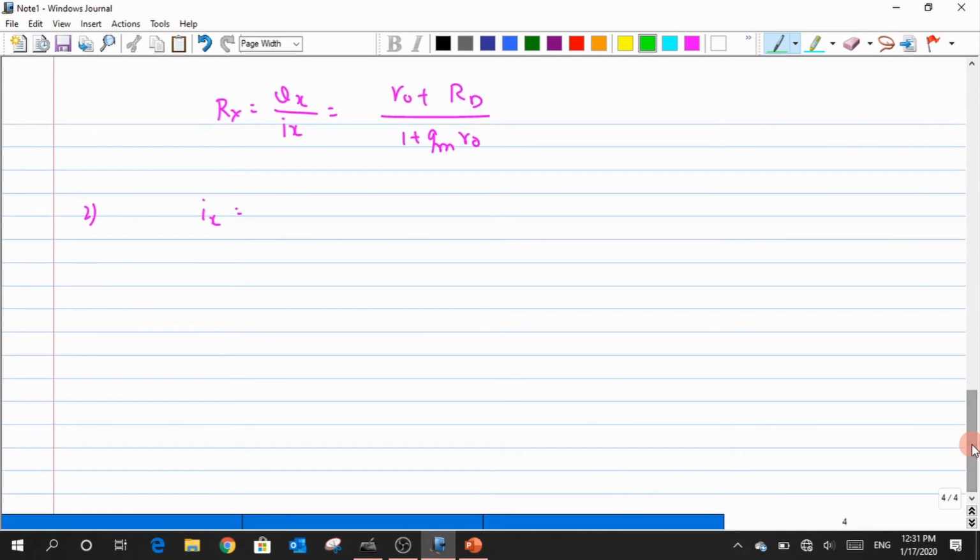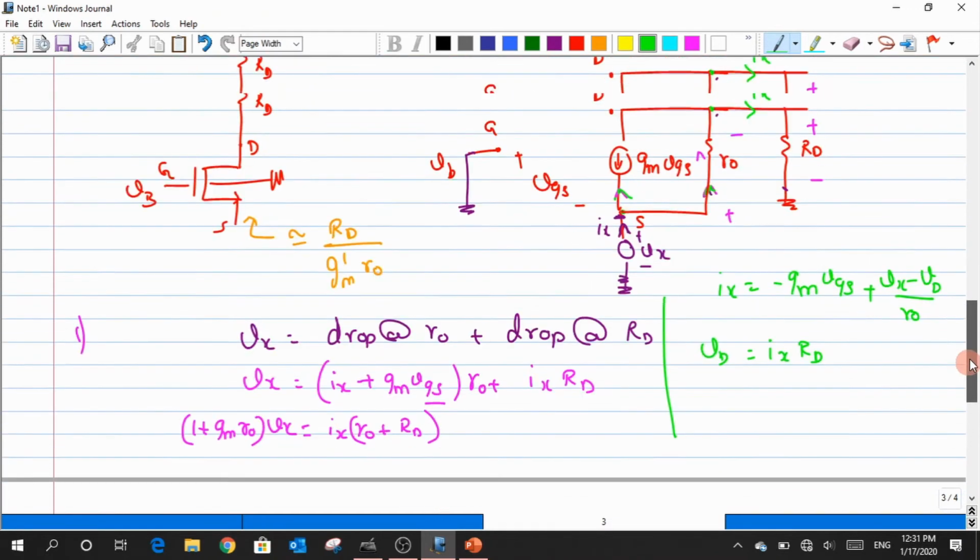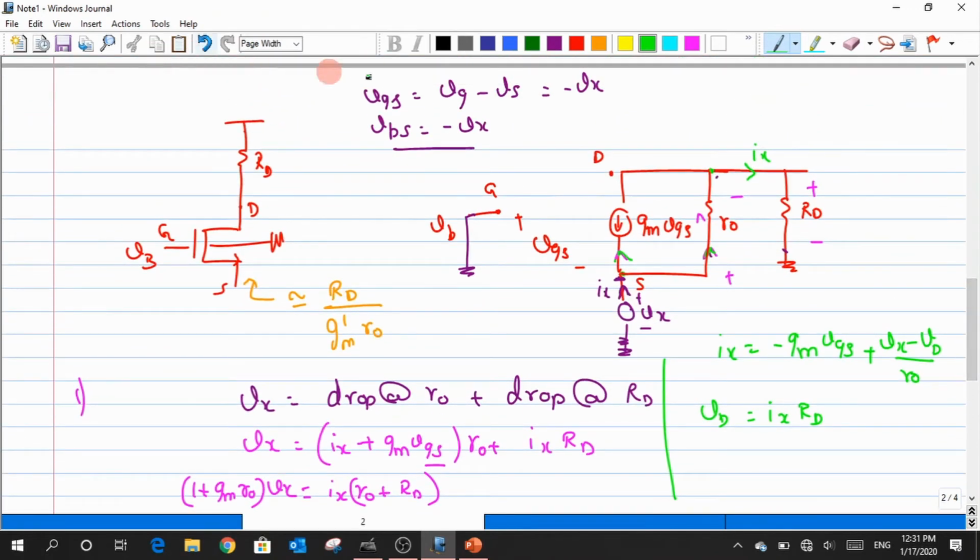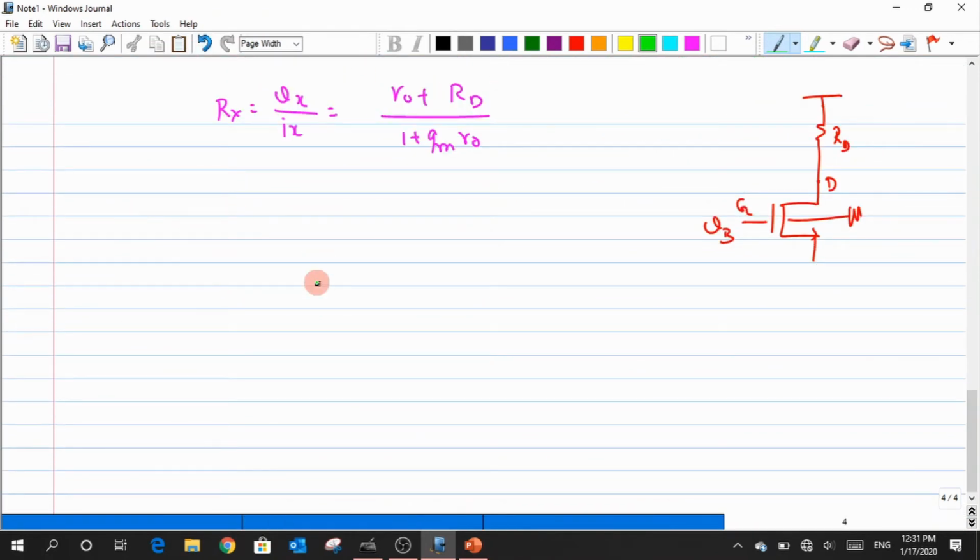Now that I've got this result based on the circuit shown here, I'll just copy the circuit. What I said is to be defined right now, right? I said that this Rx could be further written as R0 plus (1 by Gm) R0 plus Rd divided by 1 plus Gm R0.